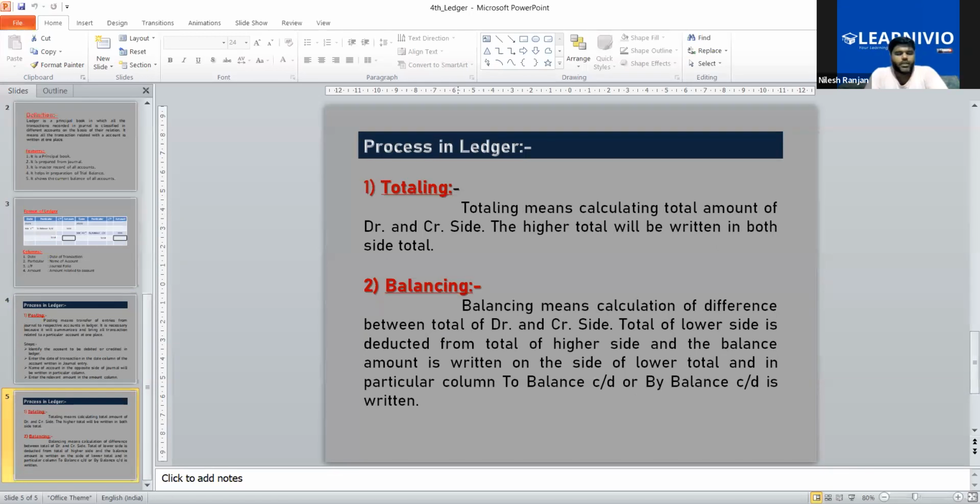Now you have to solve a question of ledger. I will share the question and try to solve it. But one thing you should remember: sometimes students are confused with the solution part, sometimes even after seeing the solution. If you are getting confused, no issue. Just solve the question.